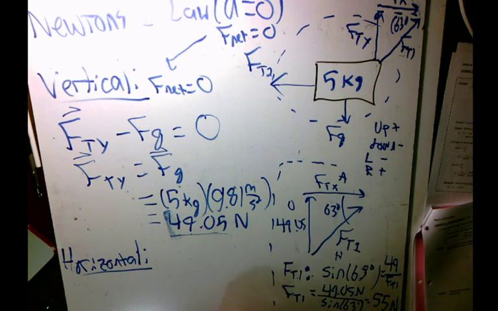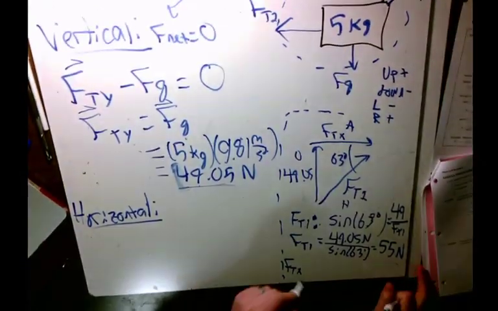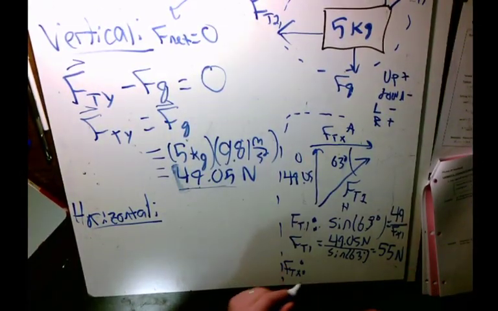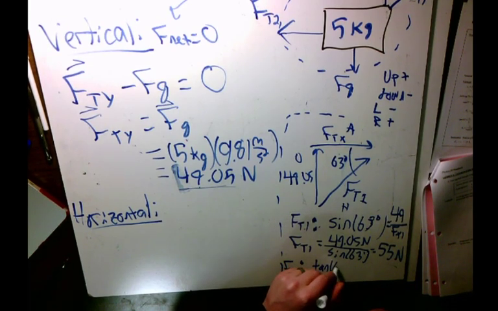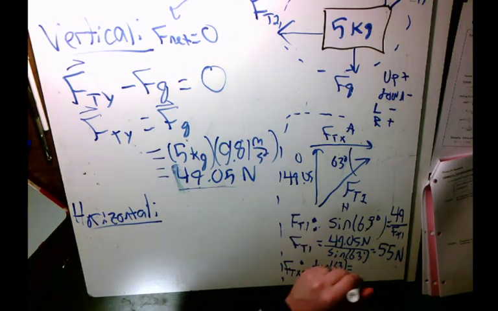So my x component is found using tangent of 63, where our opposite is 49.05 and our adjacent is our x.